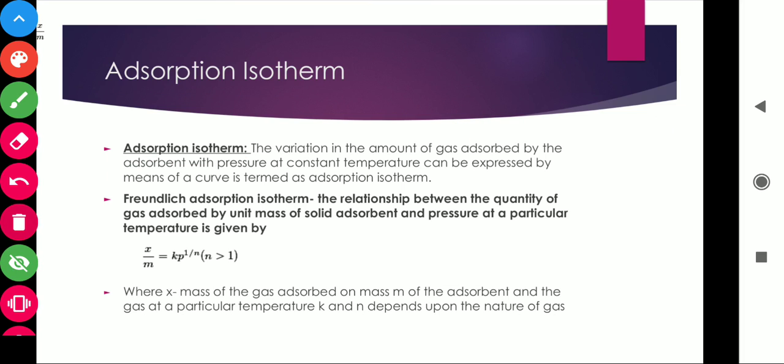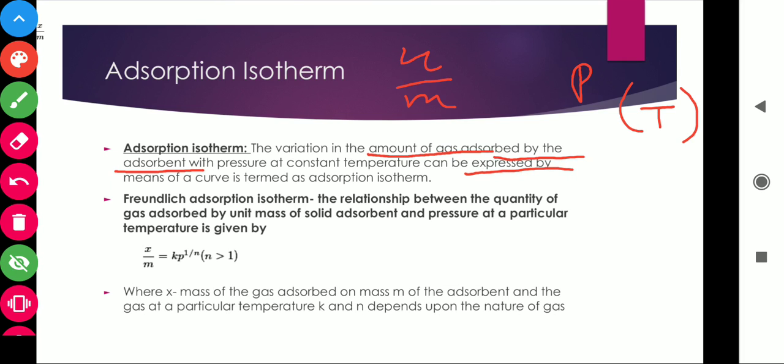What is adsorption isotherm? The variation of the amount of gas adsorbed by the adsorbent, meaning x by m, with pressure at constant temperature is expressed by means of a curve.